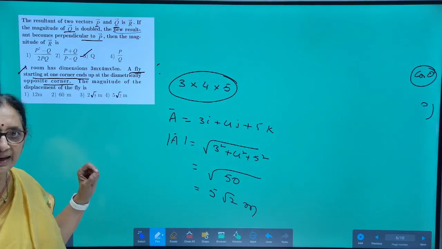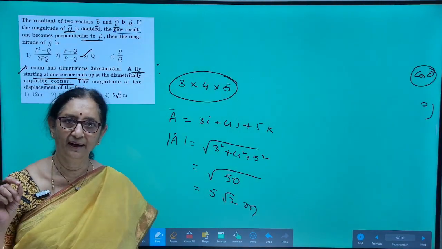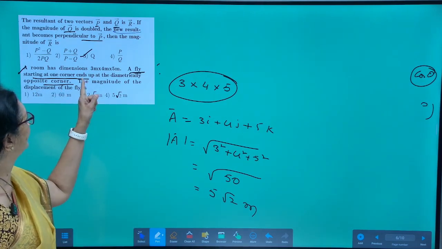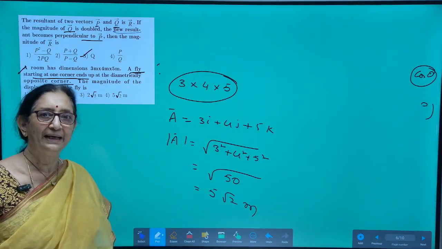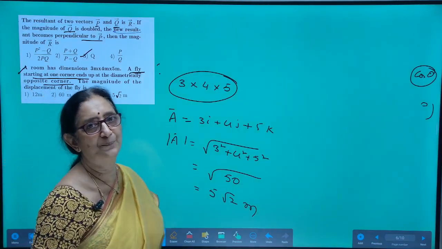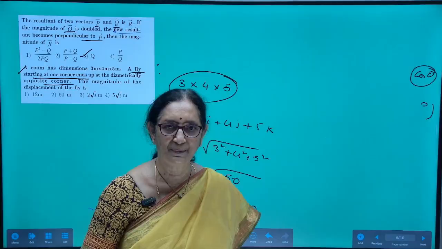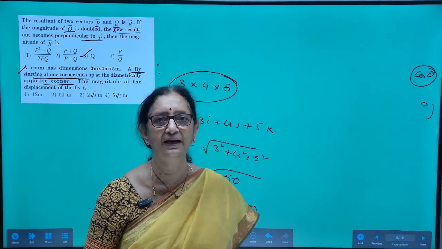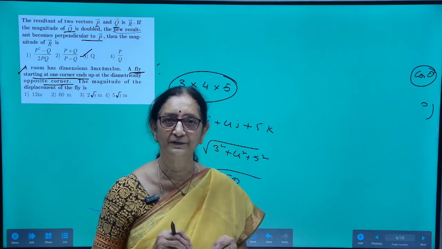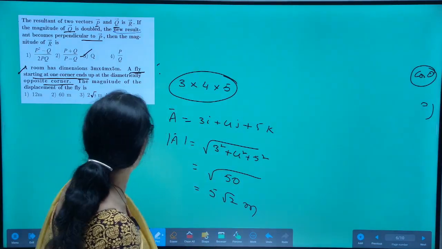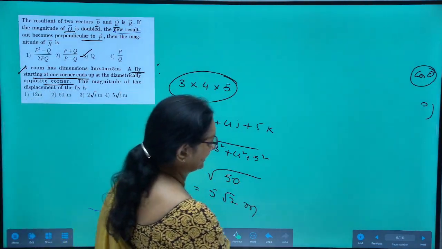The fly starts from one corner and reaches the diagonally opposite corner. So what is its displacement? We just need to find the length of the diagonal of that room. So that is the answer, 5 root 2 meters.